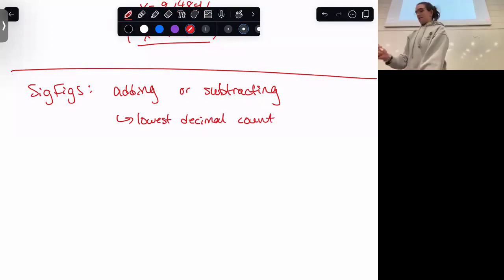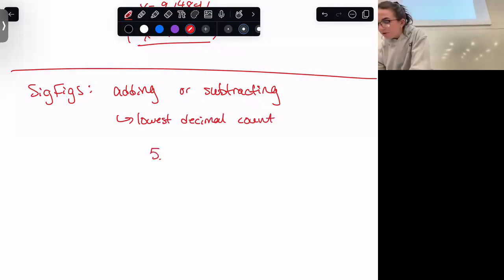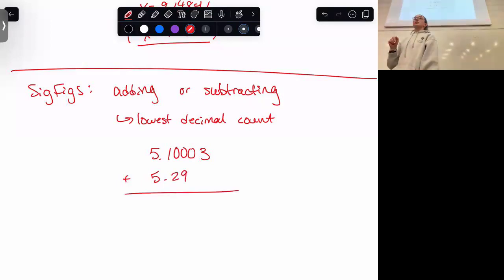So what I mean by that is that if you have 5.10003 and you're adding 5.29, how many decimal points are we going to have in our answer? We're going to have 2, right? So we would have 10.39 as our answer.